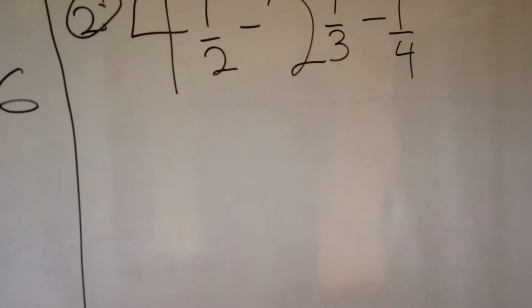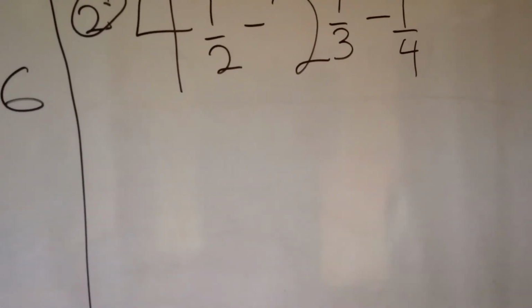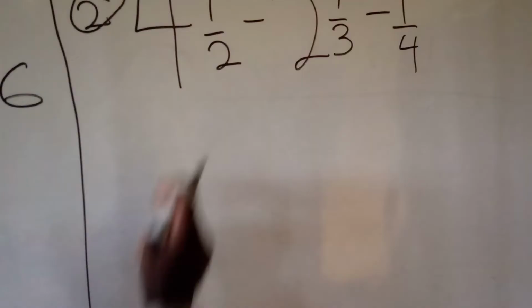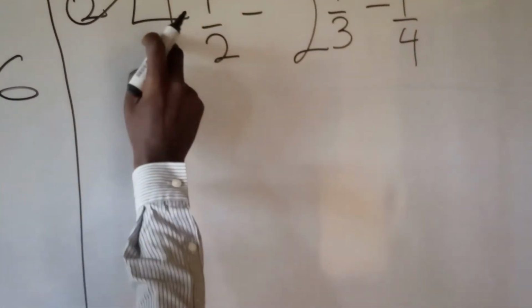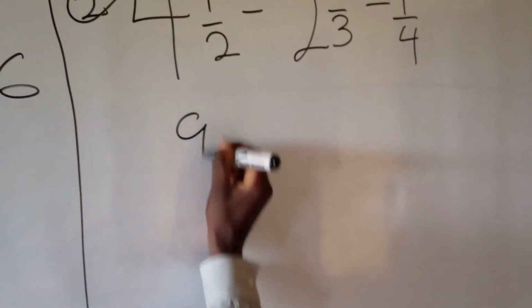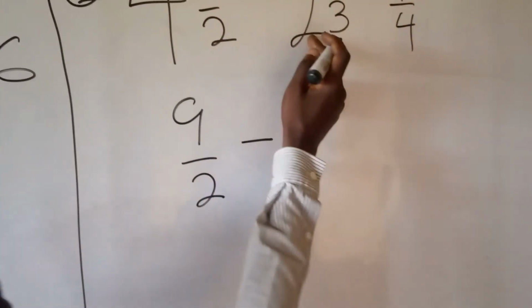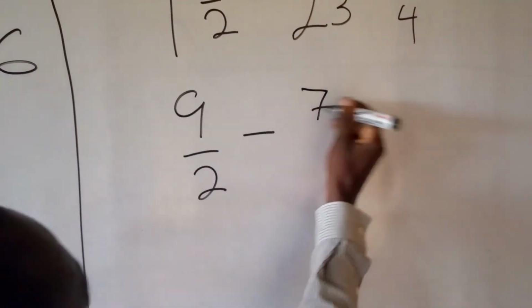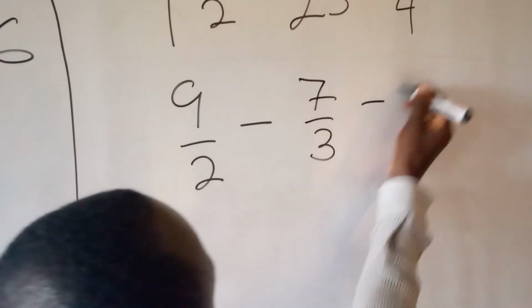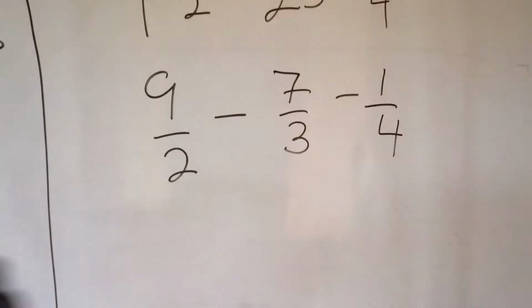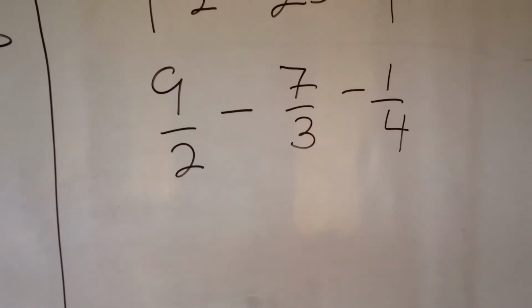Other than that, you cannot solve the question. And to change this, 2 times 4 is 8 plus 1, 9/2 minus 3 times 2 is 6 plus 1, 7/3 minus 1/4. We've now simplified the question.